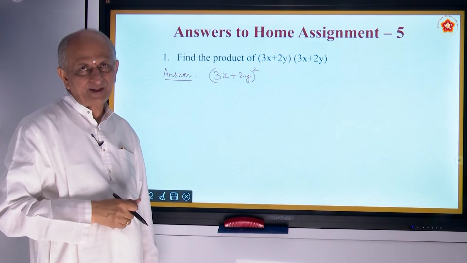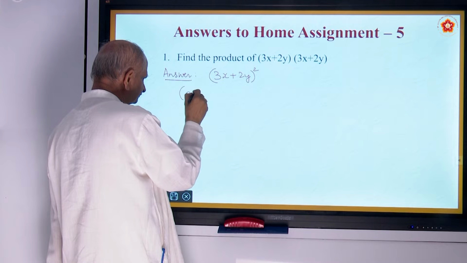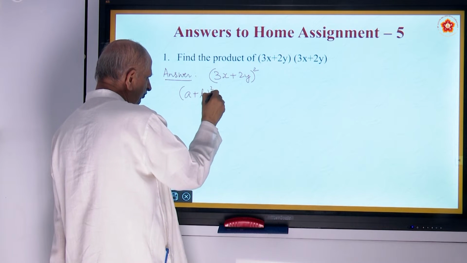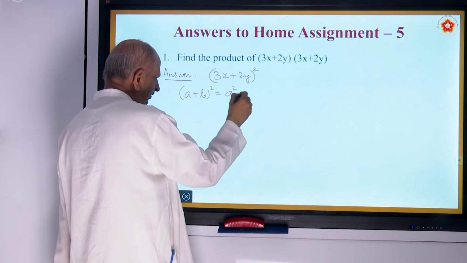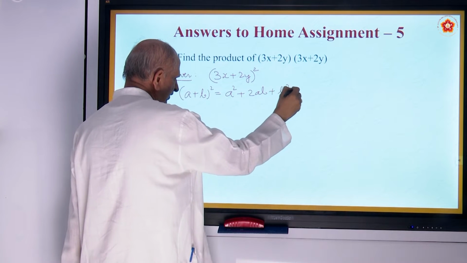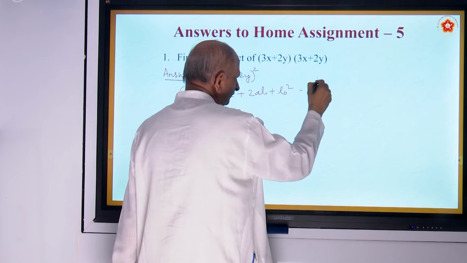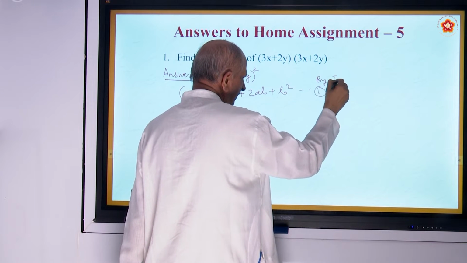What is identity number 1? Identity number 1 says (a plus b) whole square is equal to a square plus 2ab plus b square. That is identity number 1. By identity 1.